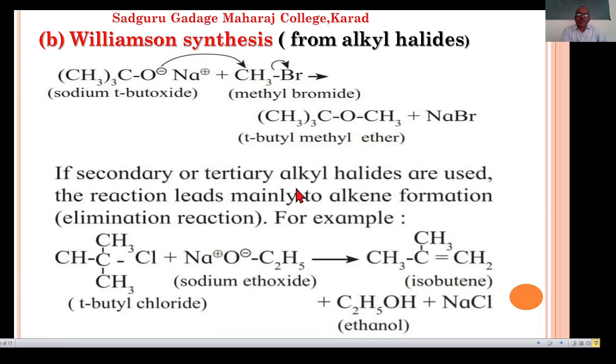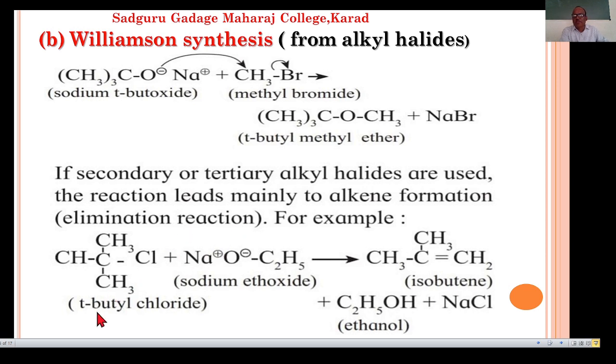If secondary or tertiary alkyl halides are used instead of a primary alkyl halide, the reaction leads mainly to alkene formation, that is an elimination reaction takes place, and there is no formation of ether.